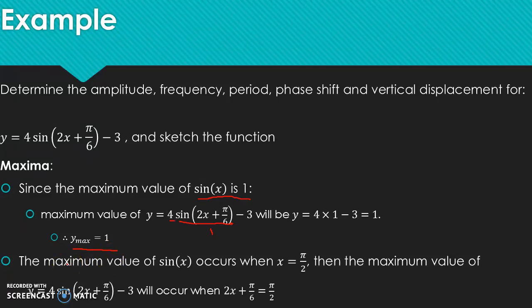Now, when do those maximums occur on the x-axis? Sine x is a max at π over 2. And so what's inside these brackets, if we equate that to π over 2, we can determine when that x value is going to be at a maximum.